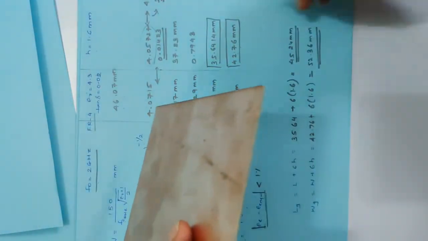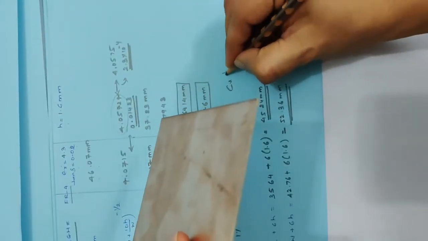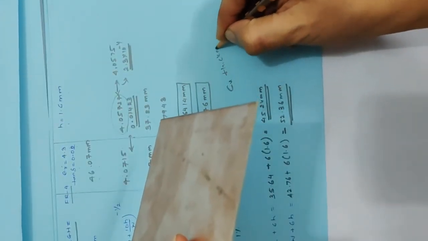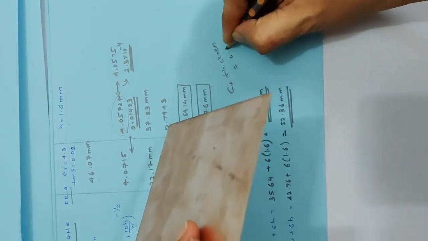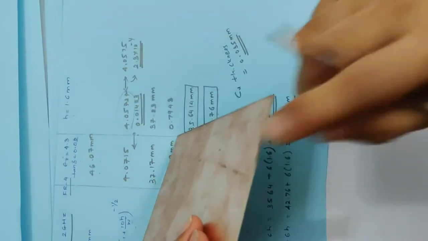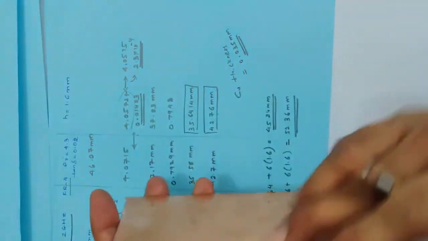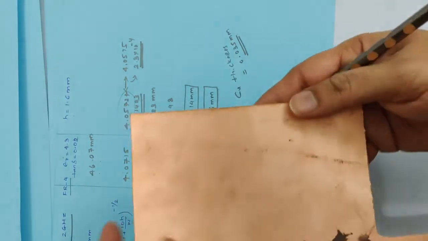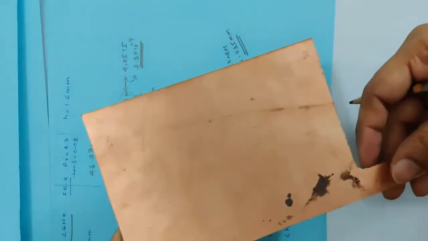The copper thickness is 35 micrometer, so it is 0.035 mm. So we have to consider this while designing. So we'll be designing a patch on this side, and we will have another ground plane over here, and then we'll be etching the part of the copper over here.